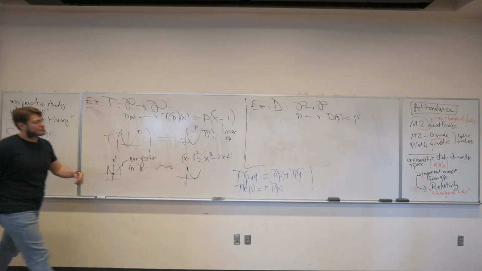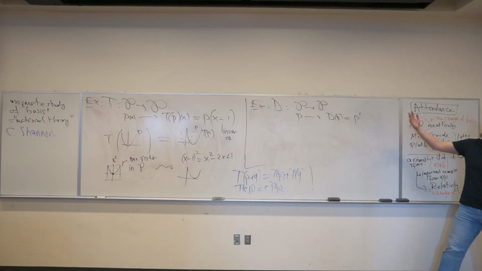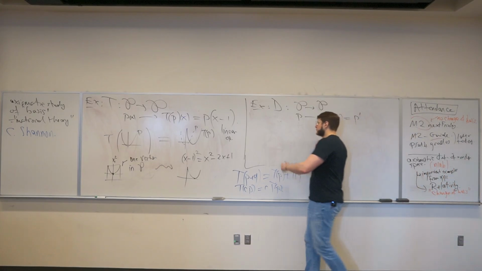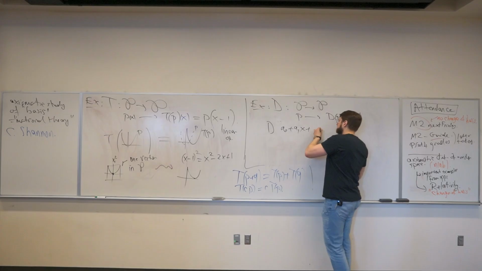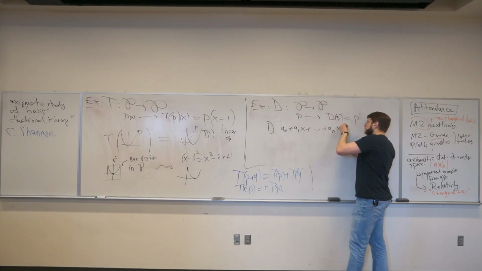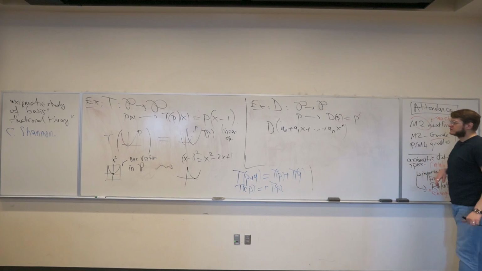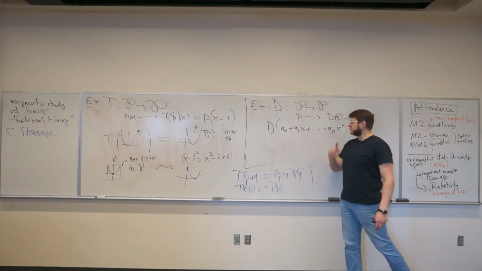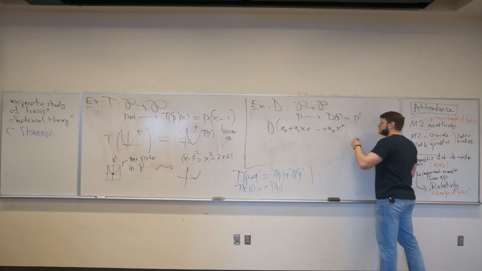What does that mean for those of you who don't remember or who haven't seen? Well, there is this limit definition, but for polynomials, the rule is very simple. If you're trying to differentiate a polynomial like this, you look at the exponent of x, write it as a multiplication, and you lower the exponent by 1.